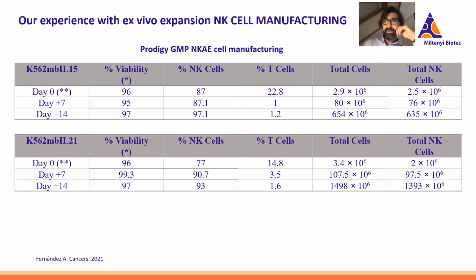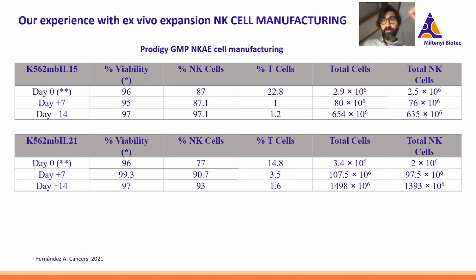These feeder cells, either K562 mbIL15 or K562 mbIL21, were previously irradiated with 100 gray, and then they were cultured in the Centricult with 70 mL of, in this case, TexMACS, because at that time we were not able to have NK MACS, but now we know that NK MACS is the recommended medium to expand the NK cells in Prodigy.